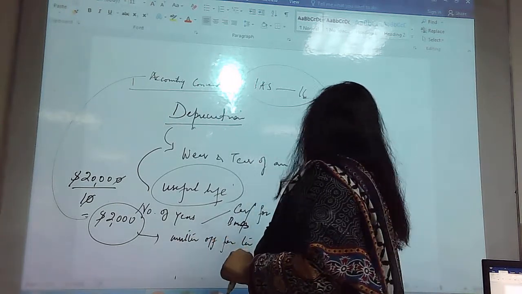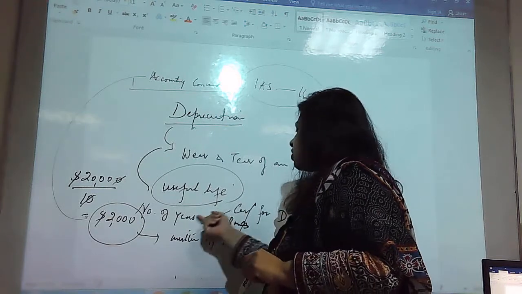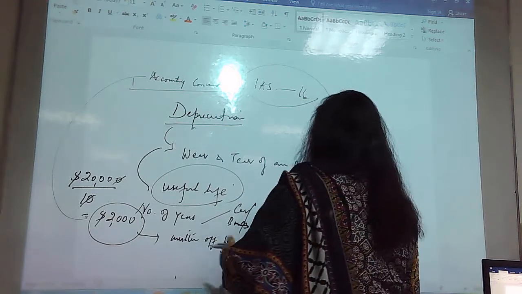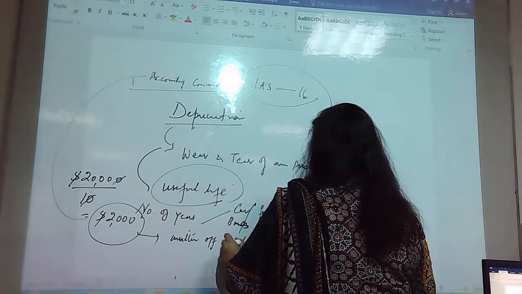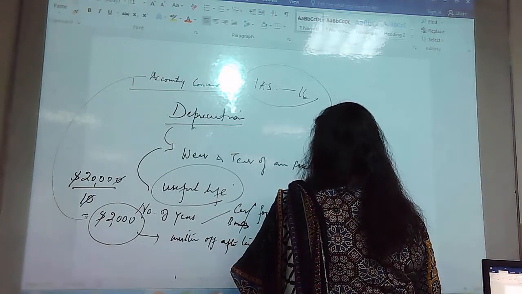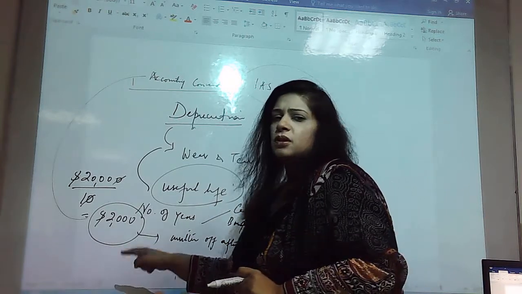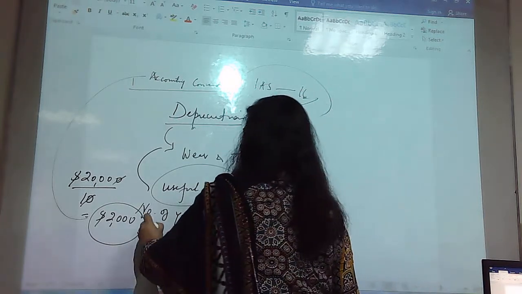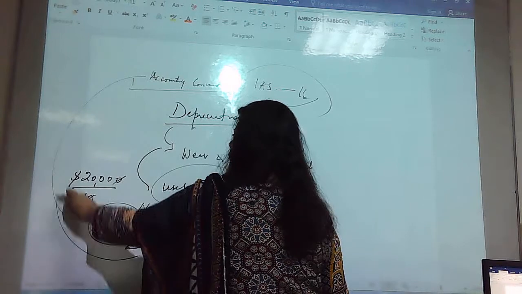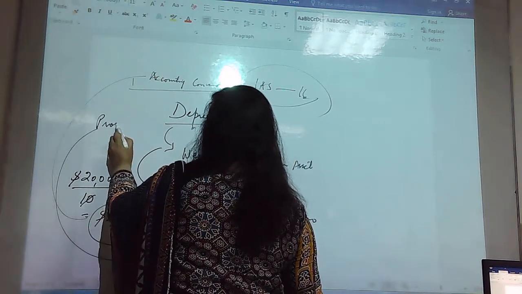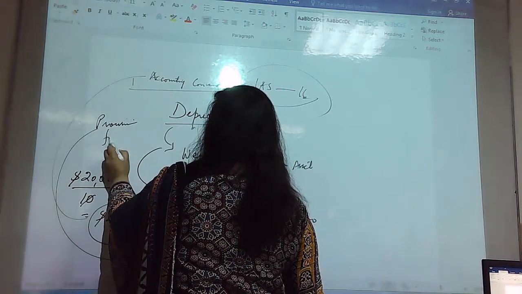So you can say that this has to be written off after 10 years. After 10 years' time, $2,000 per annum has to be kept as a provision. This would be a provision for depreciation.